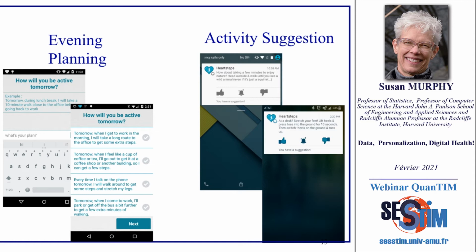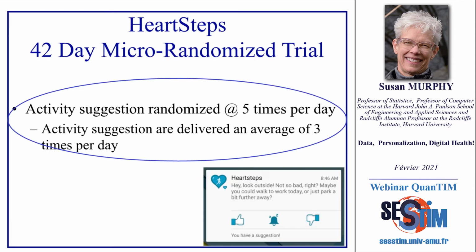Very easy. The evening planning on the far left was much more onerous because you had to type out your plan, more burdensome. So in each case, you could get a suggestion or not. If you got a suggestion, it might be more or less burdensome. And the same goes for evening planning.